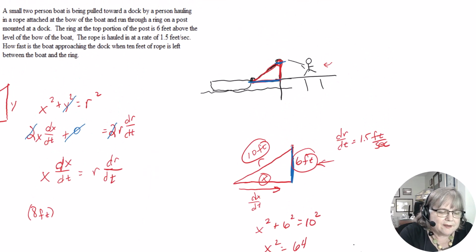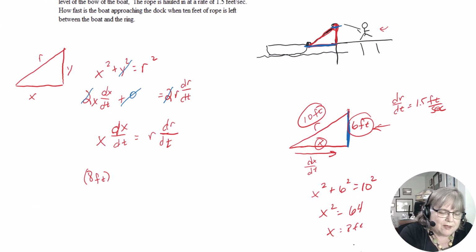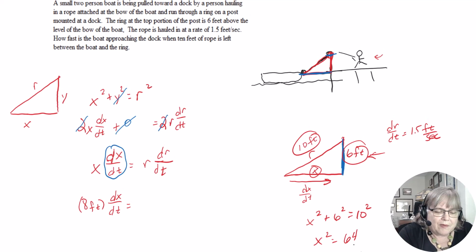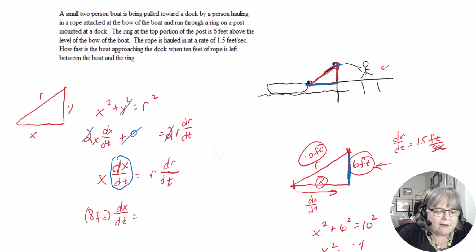It says, how fast is the boat approaching the dock? So this is what we're looking for. That's what you're trying to solve for. So dx/dt is what you don't know, you're trying to discover. R would be the distance from here to here, and they say, how fast is this happening when there's 10 feet of rope left? So r is 10.